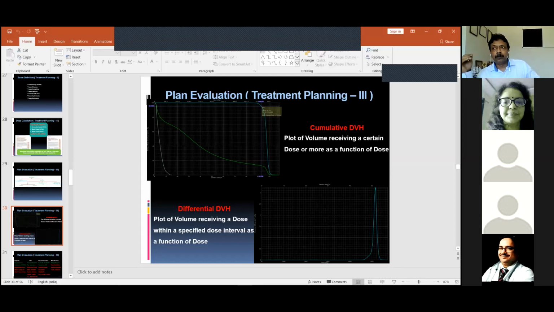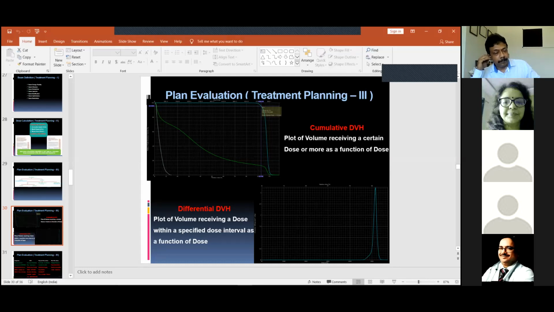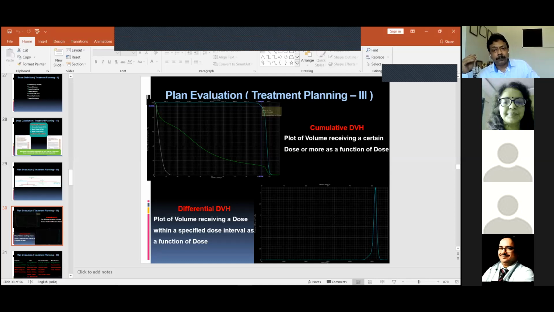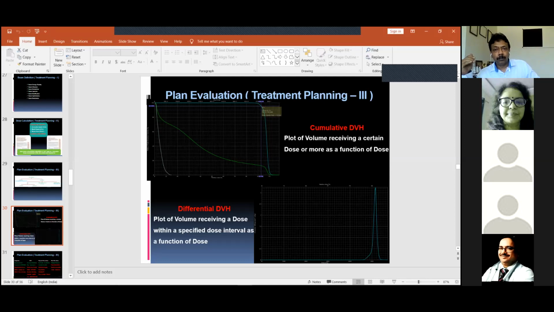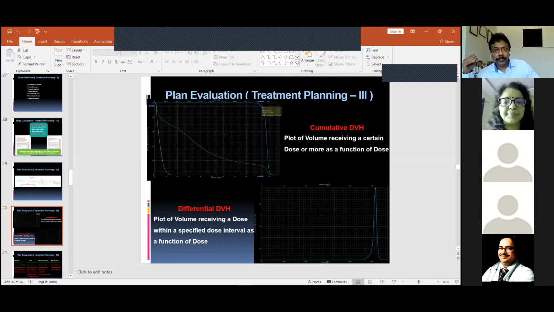It is very complicated when we use arc therapy. But in static gantry angle IMRT, this is very useful, as we can direct the beam in different planes. Sometimes we use the vertex field, so we create couch and gantry angle combinations. So we can direct the beam from different planes. So these are very useful.